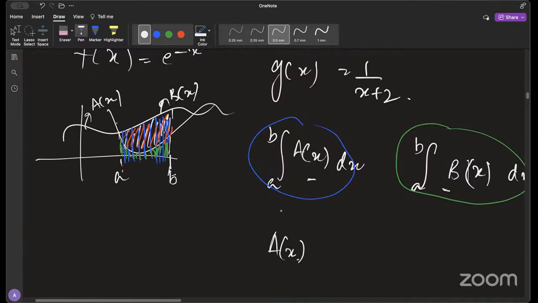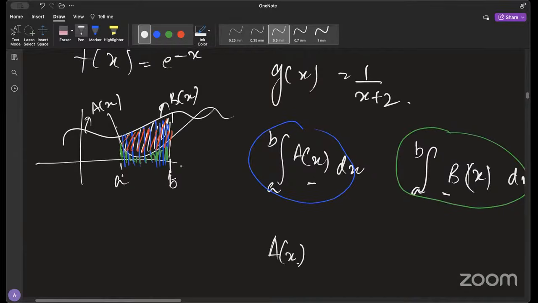So if I already know that between A and B, AX is above and BX is below. But after this point, the interval also matters. In this interval, sorry, your BX curve is above AX.